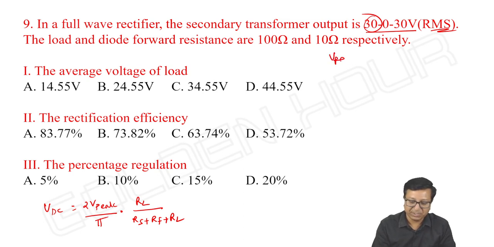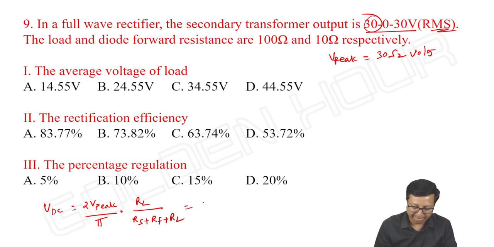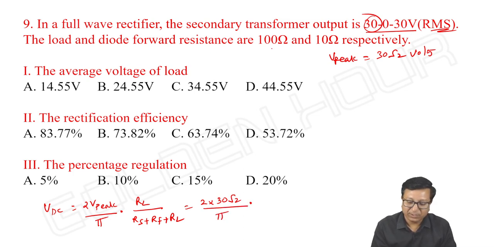Okay, peak amplitude is 30 root 2 volts. 2 into 30 root 2 by pi into the load resistance 100 ohms, by, they have not mentioned anything about the transformer, so RS is 0 and RF is 10 ohms plus RL equal to 100 ohms.